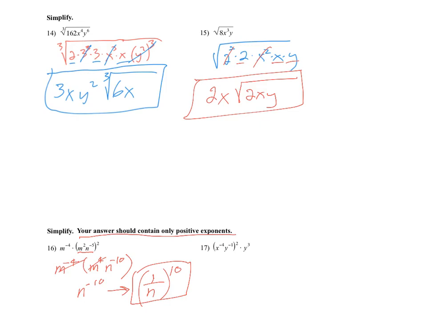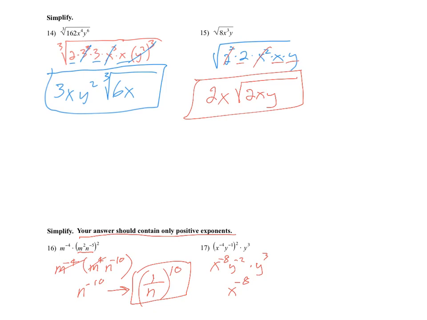We have x to the minus 4, y to the minus 2, both of those things squared. So we're going to raise both of these to the second power. This will be x to the negative 8, y to the negative 2, times y cubed. So x to the negative 8th stays as it is. Can't do anything there.